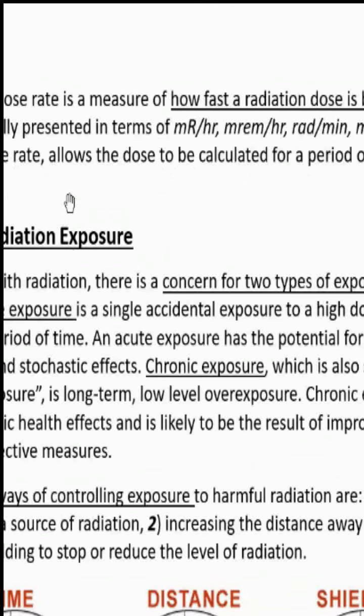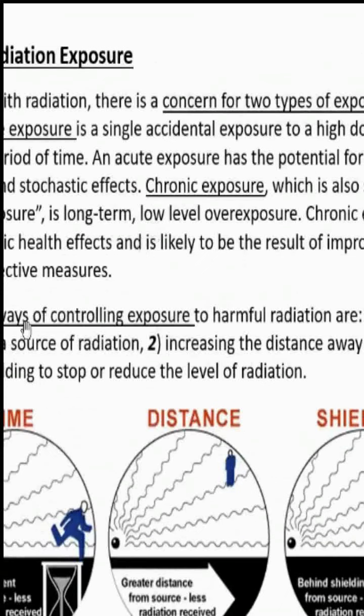So, controlling exposure. Now how can we control exposure? There are 3 points: time, distance and shielding. Time should be minimum. Distance should be maximum. Shielding should be maximum. Okay, so this is TDS.